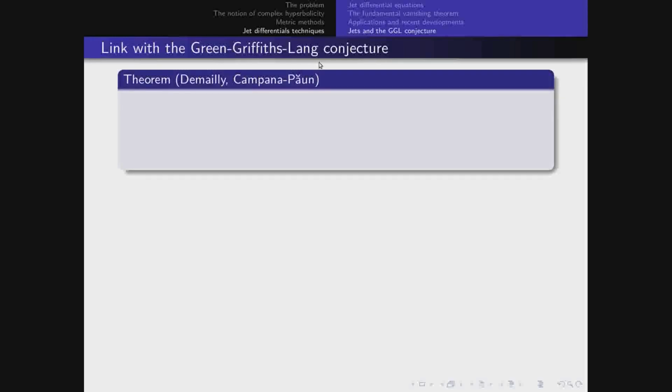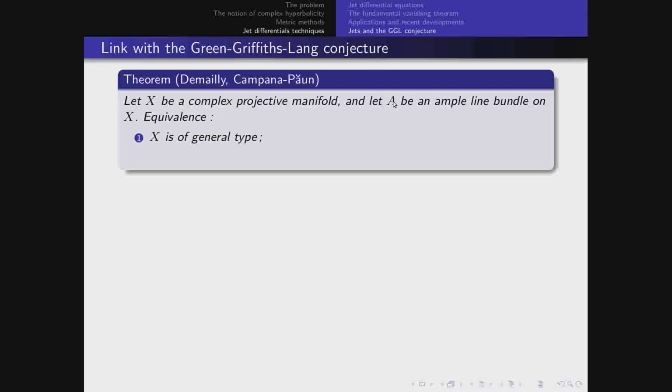So the precise statement I will give you comes from two theorems, one by Jean-Pierre Demailly and another one by Frédéric Campana and Mihai Păun. It tells you that if X is a complex projective manifold, and if you take an ample line bundle on it, then it is equivalent that X is of general type and that it admits differential equations at some order and some degree that vanish along a very ample line bundle.